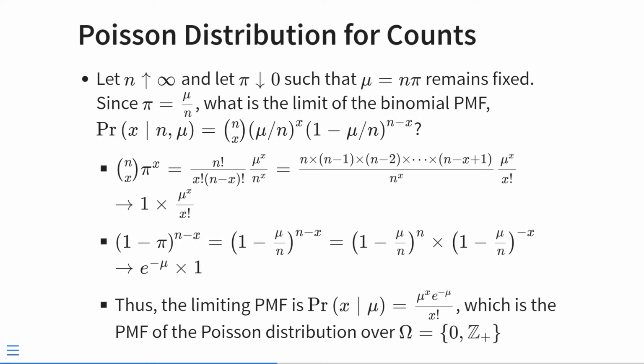So Poisson arises as a particular limiting case of the binomial when you have a large or maybe infinite number of trials, and the success probability of each of those trials is fairly small. Bernoulli, binomial, and Poisson are three of the most basic discrete probability distributions.